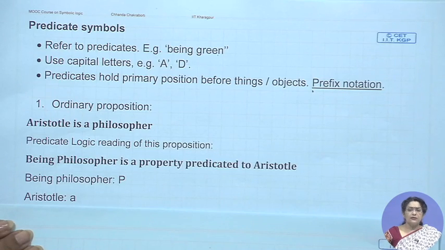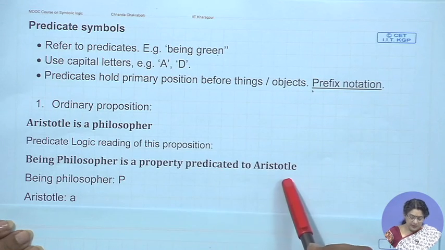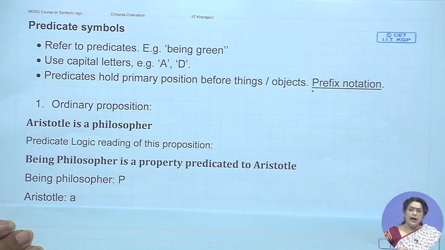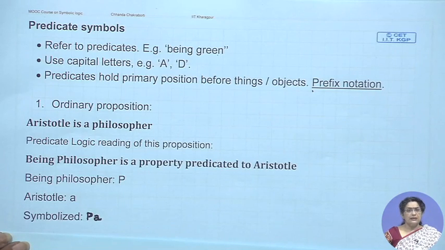Now, Aristotle is a philosopher is read as being a philosopher is a property predicated to Aristotle, and the symbolization would look like this. P comes first, that is the prefix notation I was talking about, followed by the lowercase a. This is the reading of Aristotle is a philosopher. Okay, being a philosopher is predicated to a.